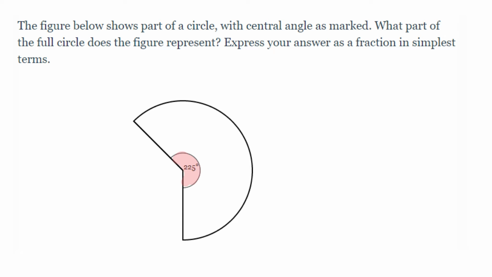That is 225 of the 360 degrees. So all we need to do is divide 225 divided by 360. This reduces to the fraction 5/8. So 225 degrees is 5/8 of a full circle, which means when we start talking about our area, it's going to be 5/8 of the total area.